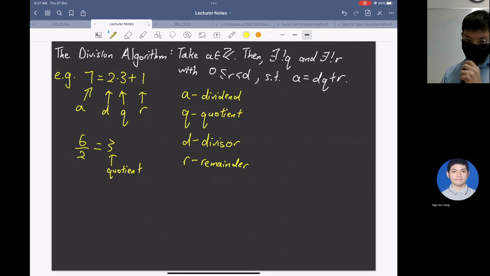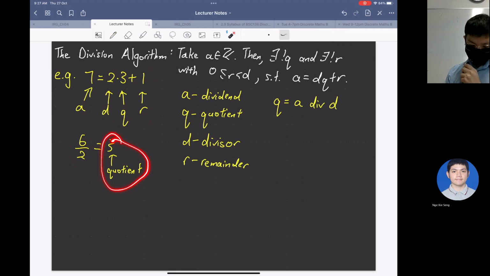So there's some notation for them. Q is equal to A divided by D. So this is what I wrote here: quotient is equal to A divided by D. If you want to see the horizontal equation here, it's like 2 equals 2 times 2.